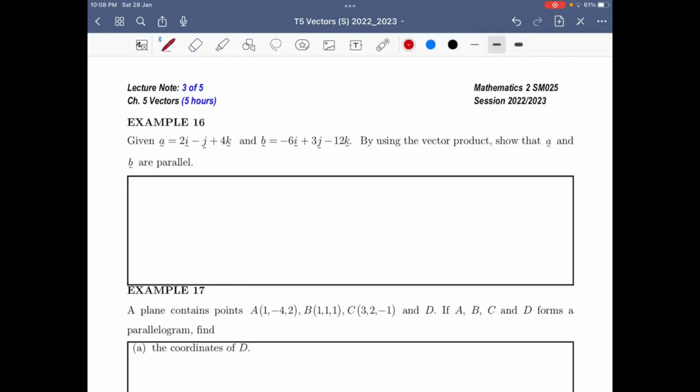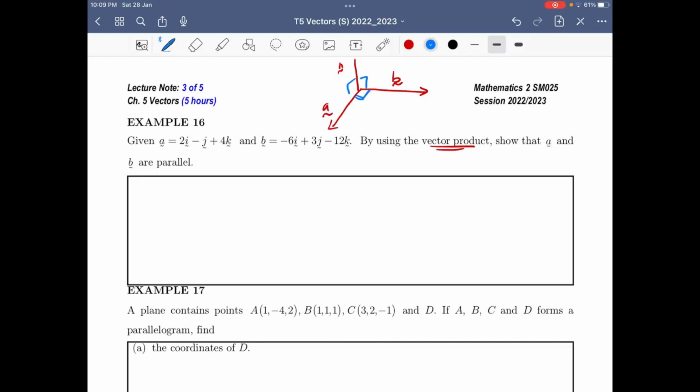We know that if we use the vector product, with vector A here and vector B here, then A cross B gives us a normal vector, which is perpendicular.